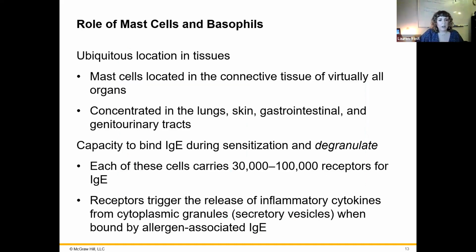Mast cells are everywhere. We see concentrations in the lung, the skin, gastrointestinal, and genitourinary locations. They bind with IgE during sensitization and degranulate during this time. So you can have a reaction due to that once we have enough IgE to react with the actual mast cell.